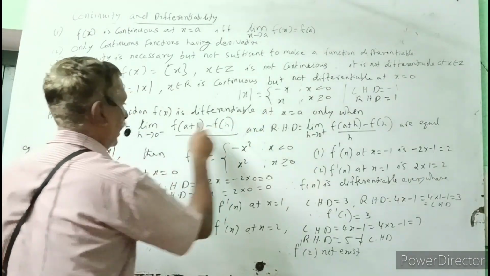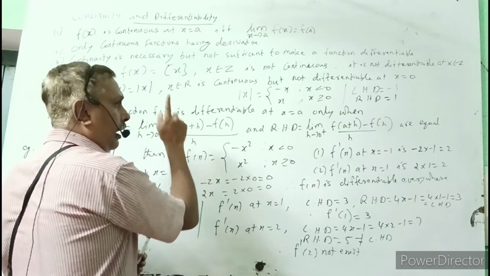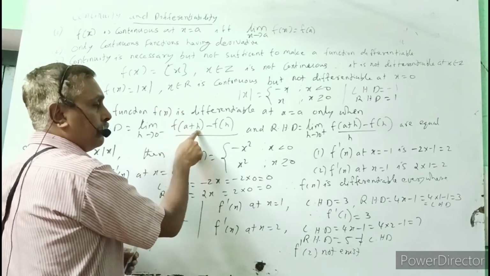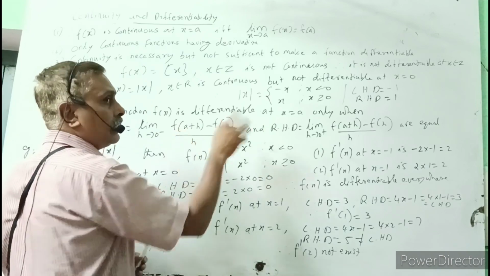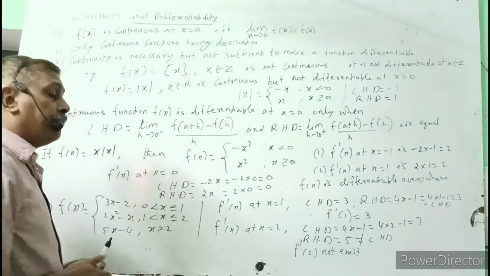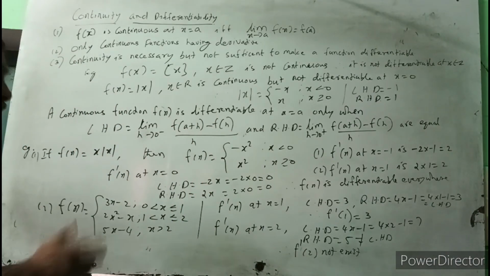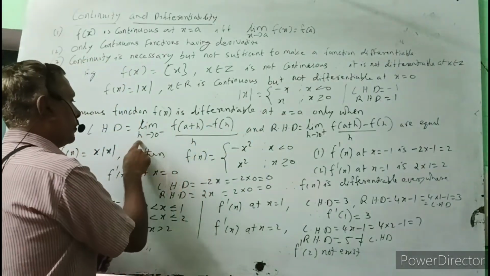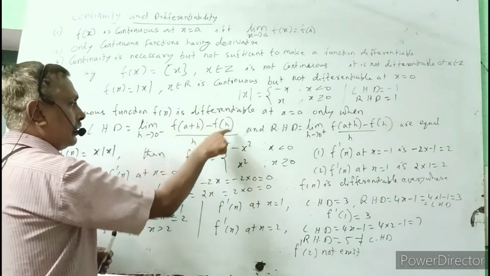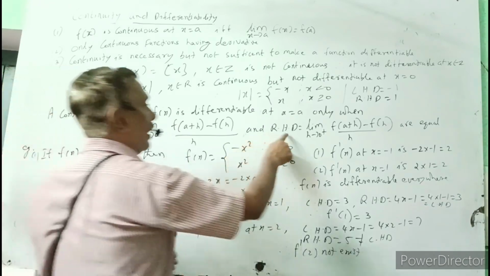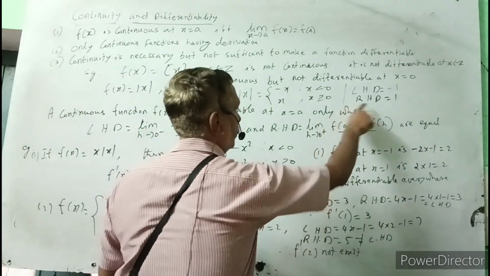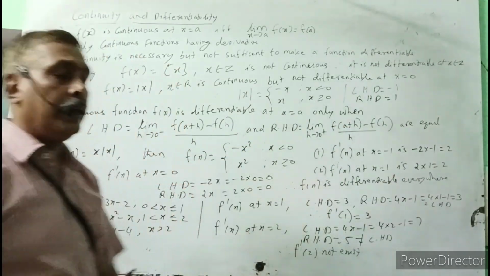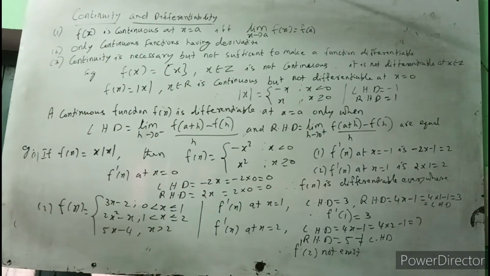I want to check at x equal to a. The first principle formula was limit of f of x plus h minus f of x upon h, which we studied. Same here, but I will put x as a. So LHD uses limit h tends to 0 minus of this formula, and RHD uses h tends to 0 plus. Both must be the same, then only the function is differentiable.